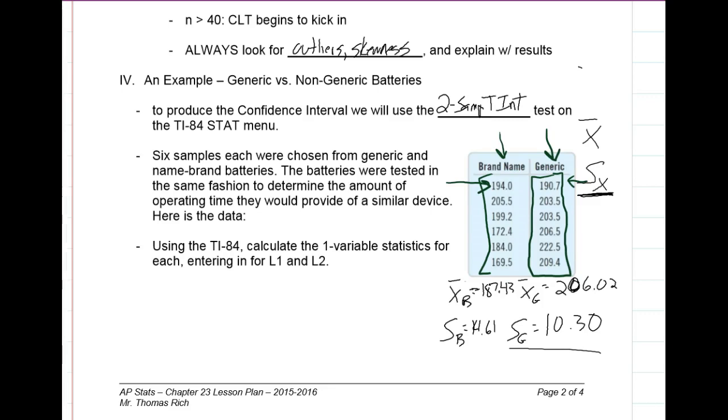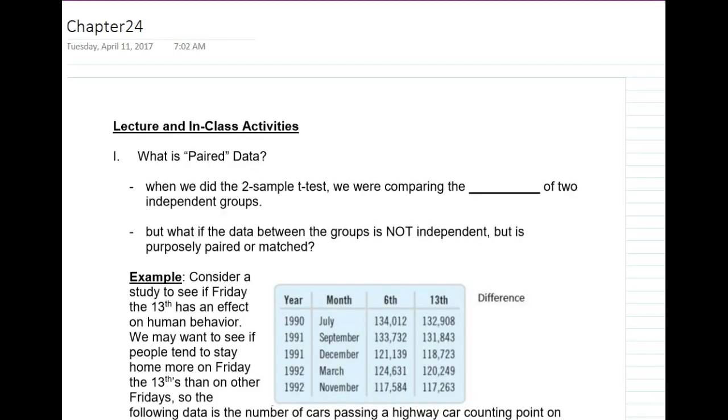But there are cases where the groups are not independent. And it doesn't really present a problem that they're not independent, but it actually gives us an opportunity to take a look at the individual pairs to see if there's a connection between the two groups.